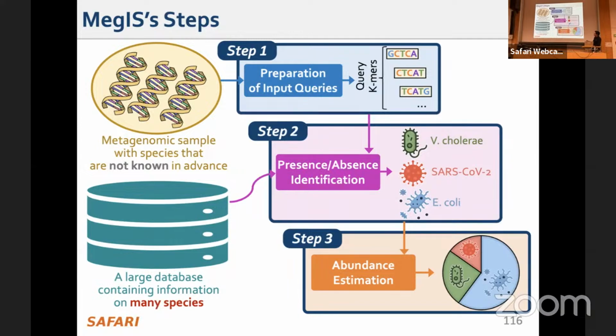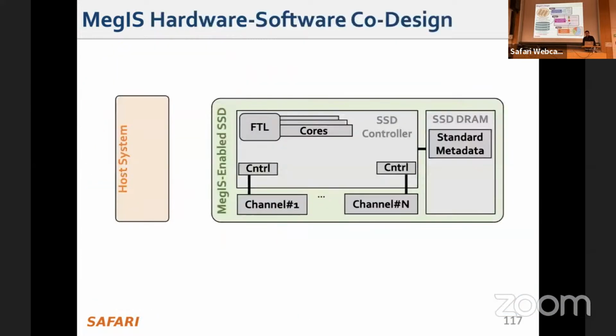And then we calculate the abundance distance based on these matchings. So overall, there is some k-mer preparation step, right? You extract k-mers from the DNA, you prepare the data, then you query the database, then you perform some intersection operations to generate this abundance estimation. This is the overall set of computations that we're doing.